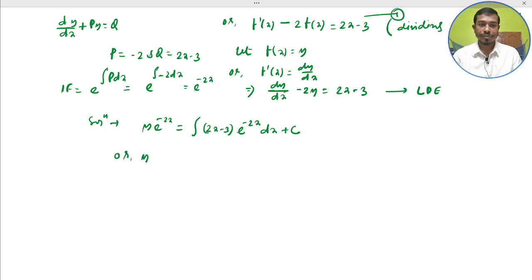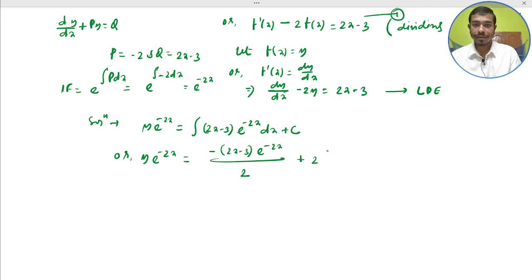So y e to the power minus 2x is equal to minus (2x minus 3) e to the power minus 2x divided by 2 plus the integral of 2 e to the power minus 2x by 2 dx plus c.